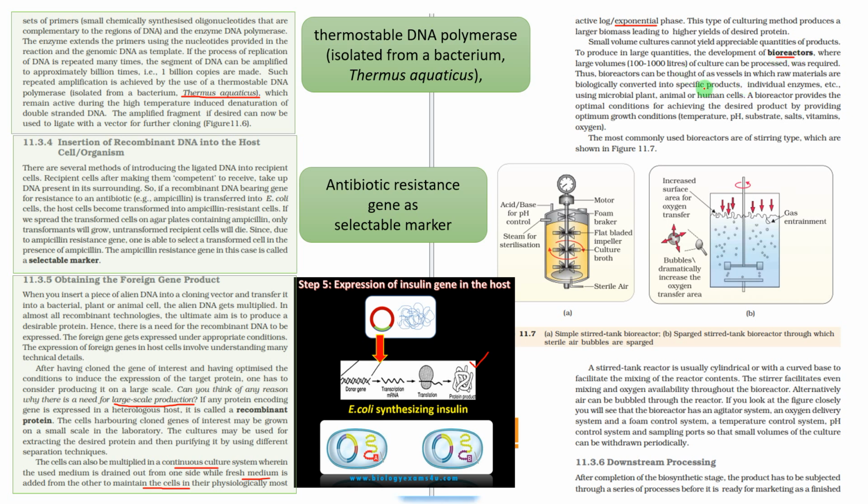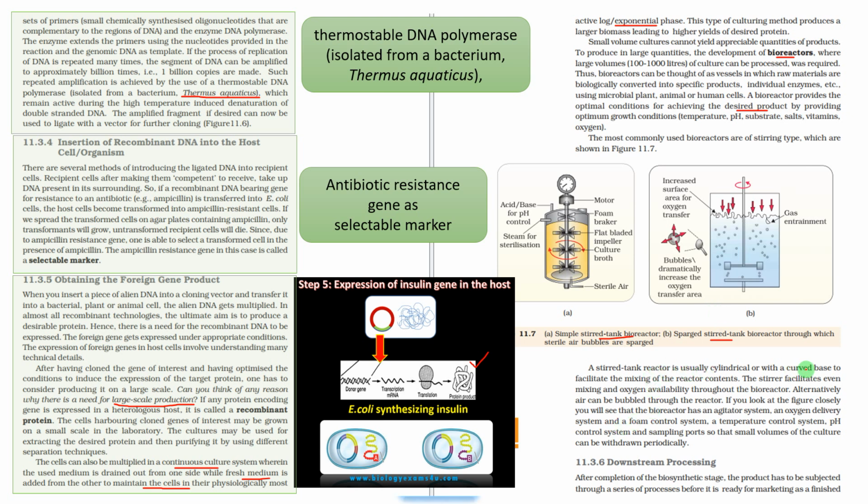Bioreactors are large culture vessels for the culturing of desired microorganisms with all optimum conditions. So it provides all optimum conditions for the growth of that particular organism and the production of the product. There are 2 types of bioreactors. The first one is the simple stirred tank bioreactor and the sparged stirred tank bioreactor.